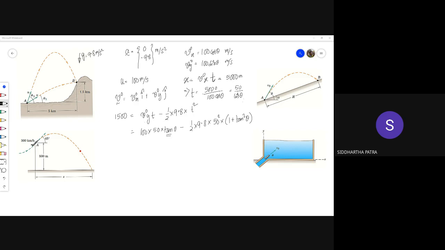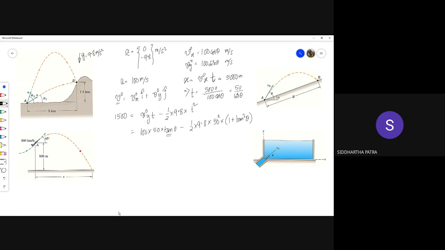Okay, there would be another value, right? Yes, sir. And it will be 90 minus that value. Okay, so I think you can solve it on your own.